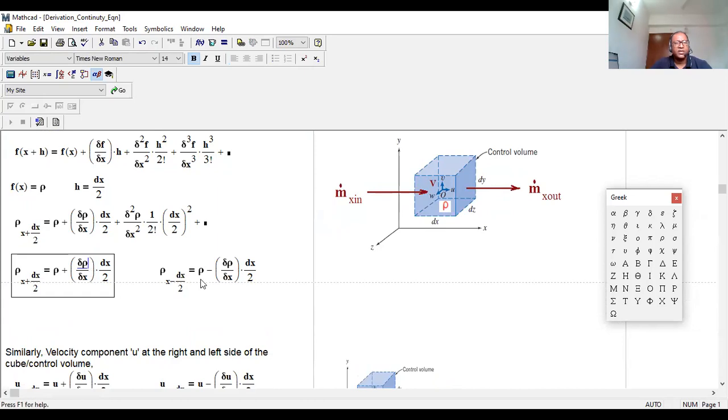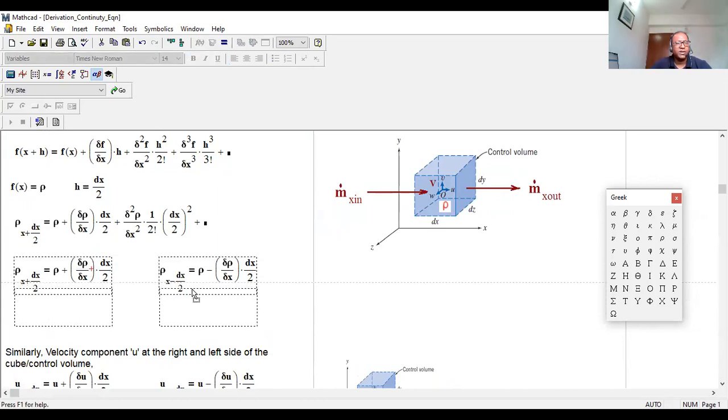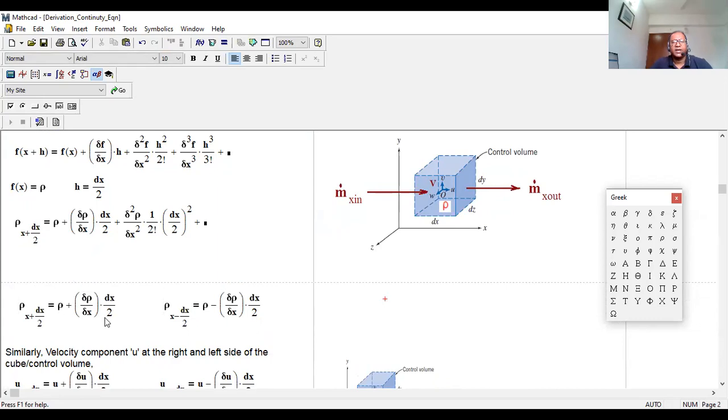So now the density of the fluid element at the right side is at x plus dx by 2. Why dx by 2? Because the distance from the center of the fluid element to the right is this much, dx by 2, positive, right?